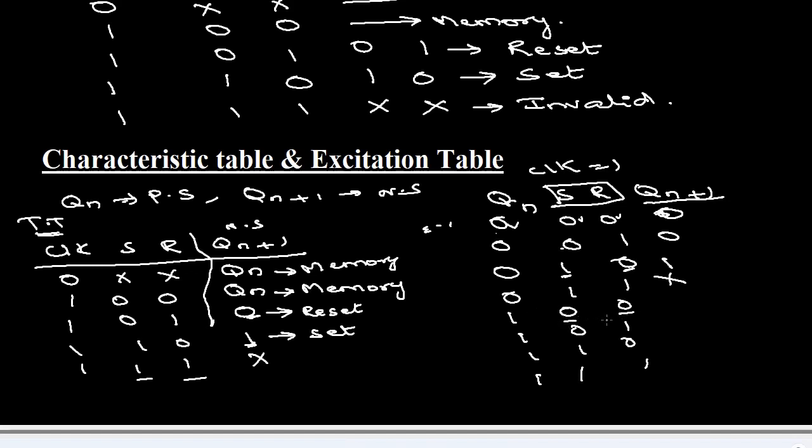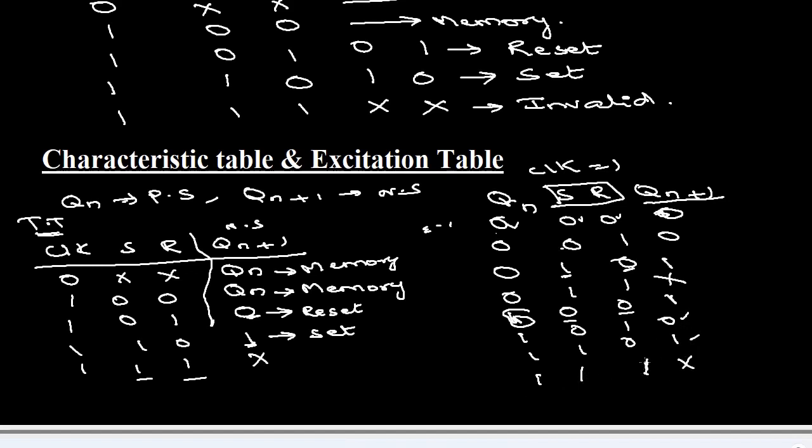Here the memory element is Qn. Memory element is 1, so the output will be 1. When S is 0, R is 1, the output is the reset condition. When S is 1, R is 0, the output is the set condition. When S equal to 1, R equal to 1, the output is the invalid condition.